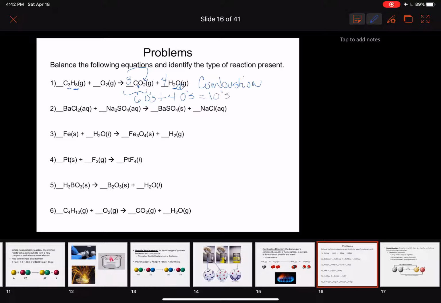on the product side. Now over on the reactant side, our oxygens come as a molecule. They come in pairs. So in order to have 10 individual oxygen atoms, how many oxygen molecules do you need? 5, because 5 times 2 makes 10.